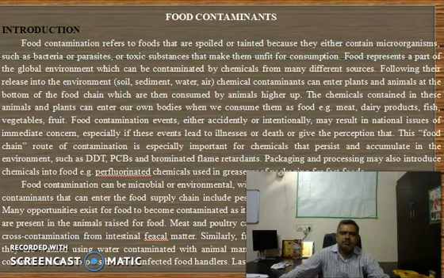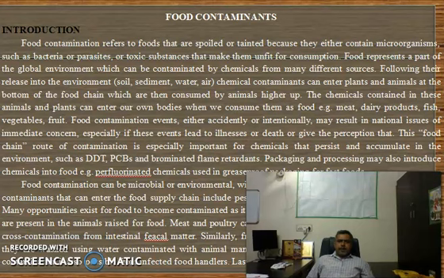These are the sources. Chemical contaminants can enter plants and animals at the bottom of the food chain, which are consumed by animals higher up. The chemicals contained in these animals and plants can enter our bodies when we consume them as food, for example meat, dairy products, fish, vegetables, fruits.